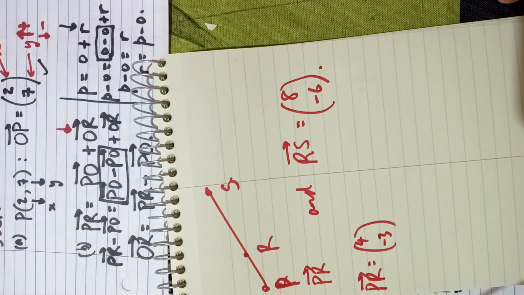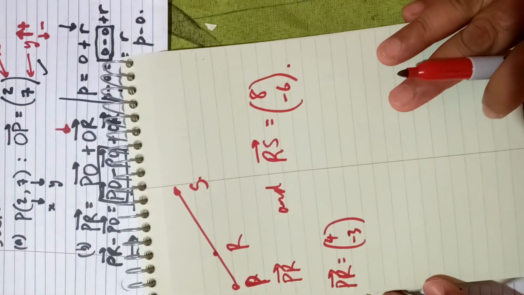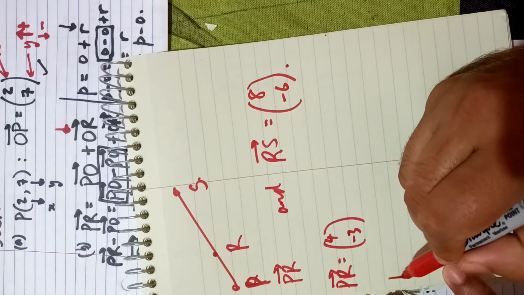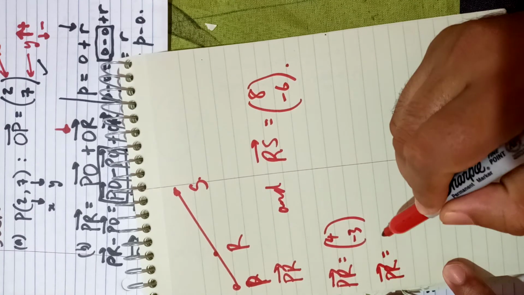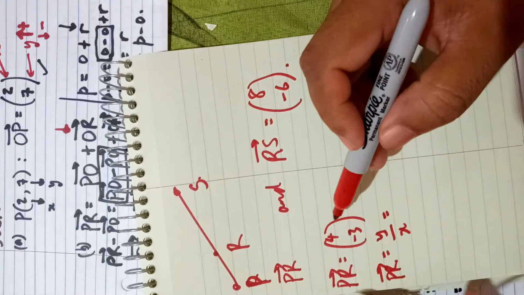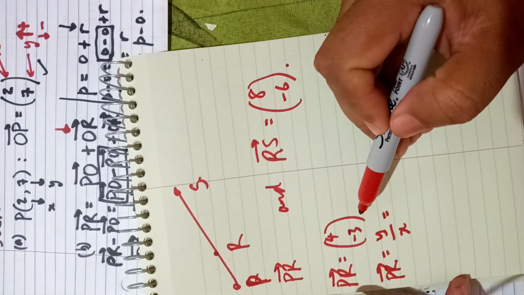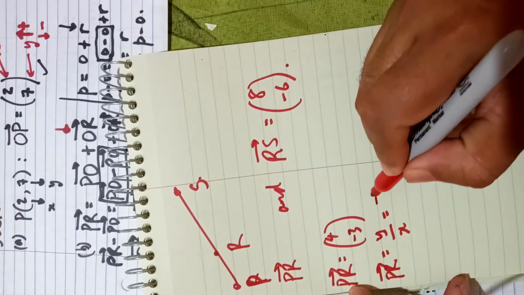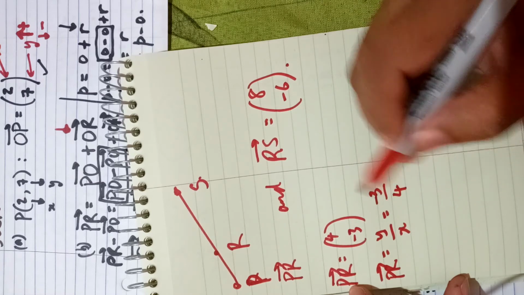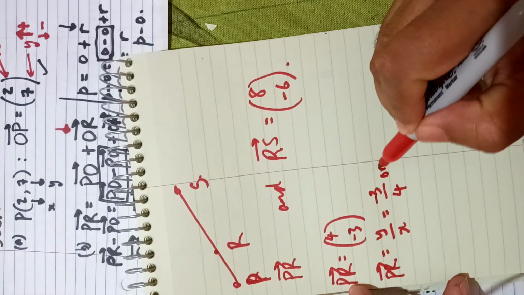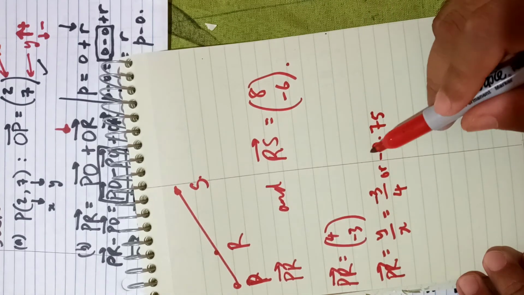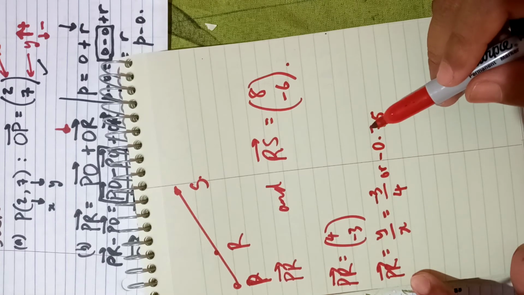And if they're parallel, then they're also collinear. So we're going to find their gradient. The formula for gradient is y divided by x. This is the x value, this is the y value of PR. So the y value is negative 3 over the x value, which is 4. So the gradient of PR is negative 3 over 4, or negative 0.75.